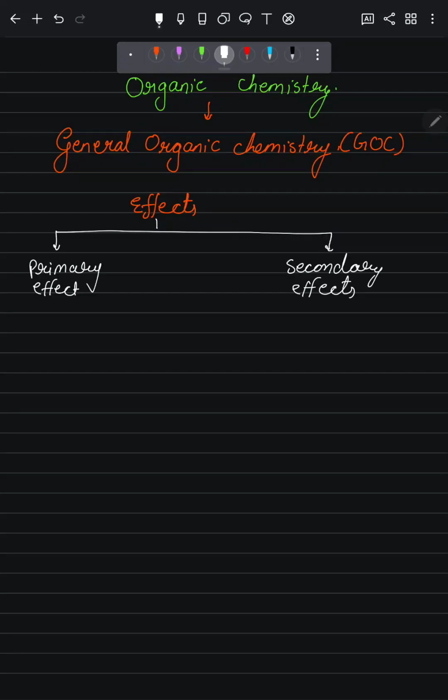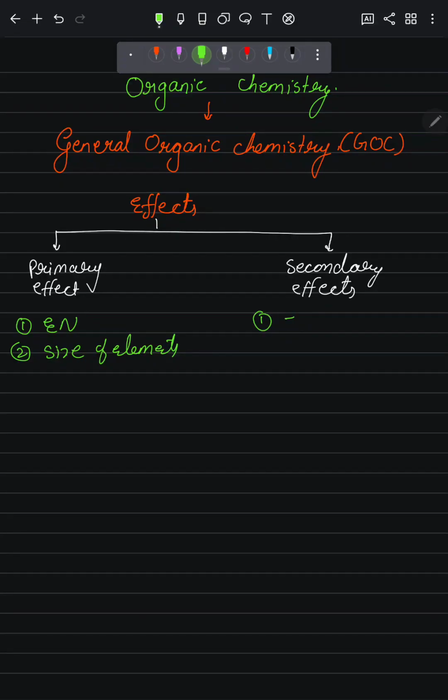In the primary effect, we deal with some effects such as electronegativity and size of elements. In the secondary effect, mostly these are the important facts.